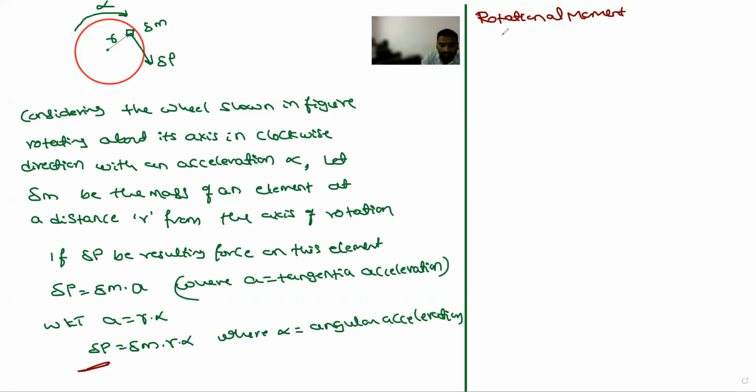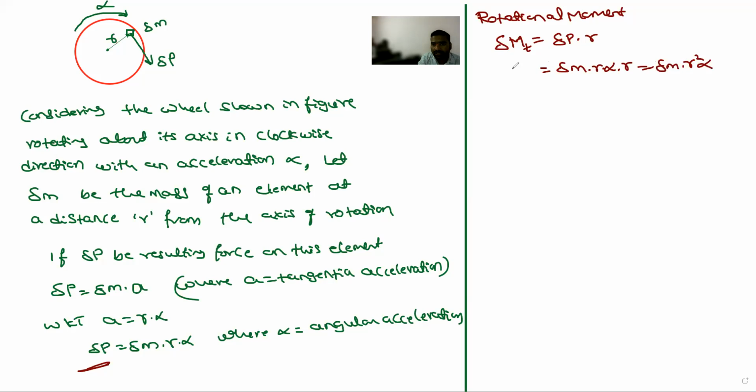R. So the rotational moment, delta M T, is equal to delta P into R. Is it correct? So what is delta P? Delta M into R into alpha, into R. So I can write it as delta M into R square times alpha.